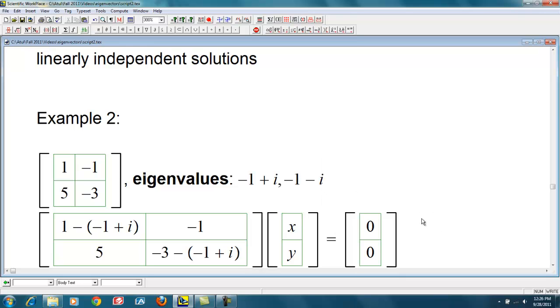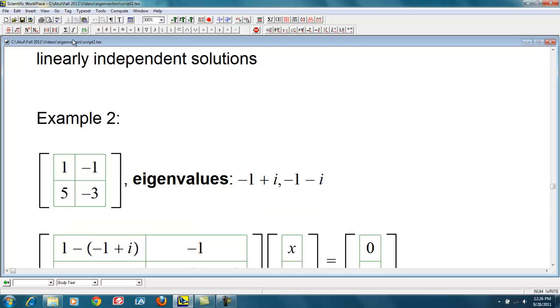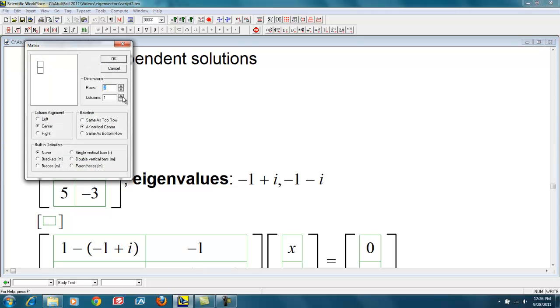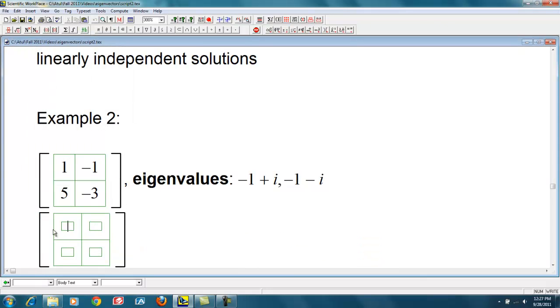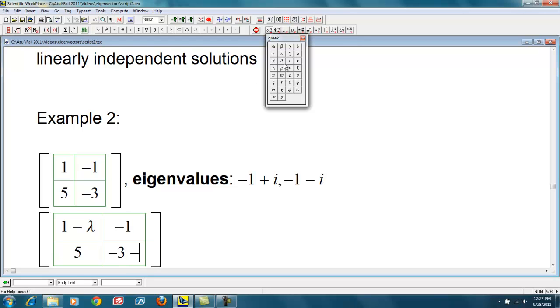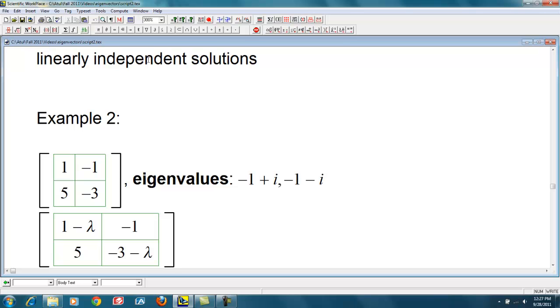Okay. So now the thing is, if you apply the same procedure now to find the eigenvectors, you can go through a shortcut. Say you have a matrix like this, right? So you can go like A minus lambda, then leave this diagonal just like that, minus 3 minus lambda, right? Okay, and then you solve for what?